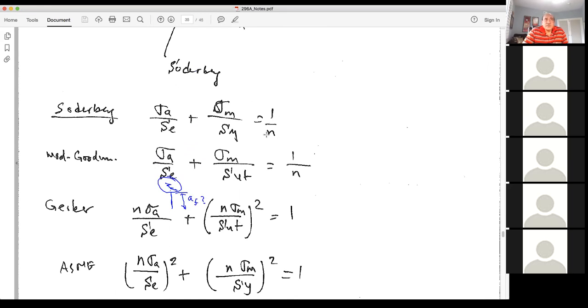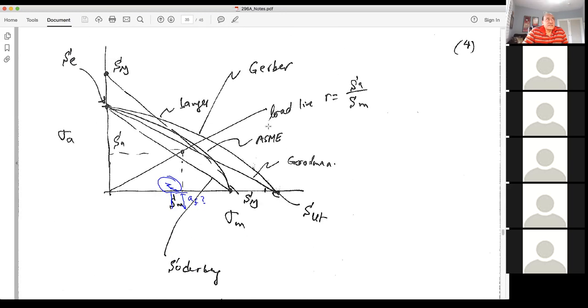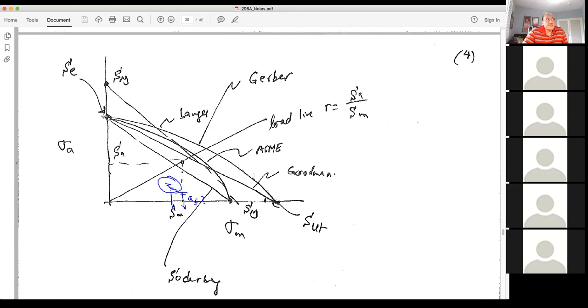So this is called the Soderberg: damage due to fatigue plus damage due to the steady load equals 1 over N. This is a linear relationship where if I plot on the vertical sigma alternating over SE, and on the horizontal sigma M over SY, I get a straight line. The straight line that you see is the lowest one here. It goes from S endurance to S yield. This is the Soderberg line.